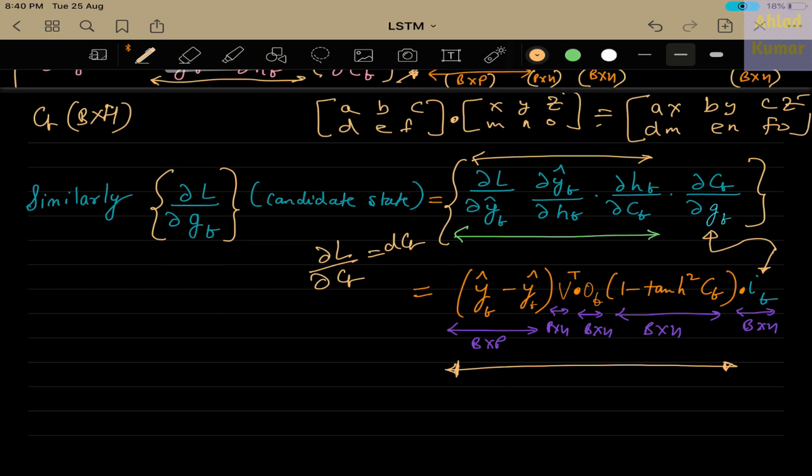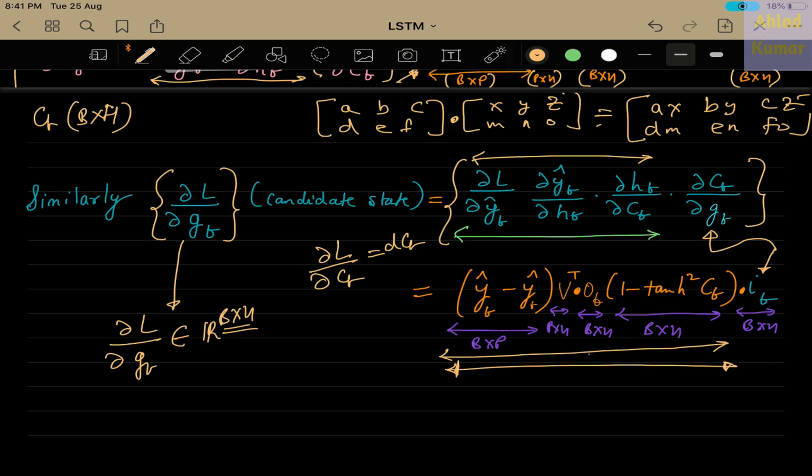And again you can cross verify the dimension of the GT, it is B cross H, so the derivative of the loss with respect to GT will also be of the dimension B cross H. So here you can see that once you do the corresponding matrix multiplications, this particular matrix multiplication will result in B cross H, and this again results in B cross H. So the two matrices will only be multiplied when this is a Hadamard multiplication, like this one.